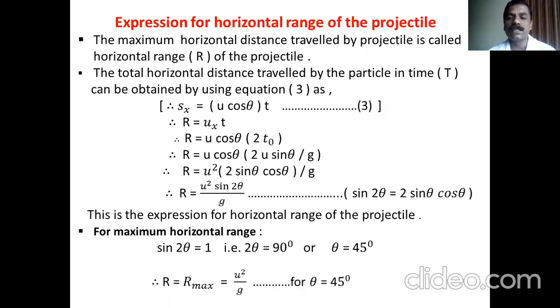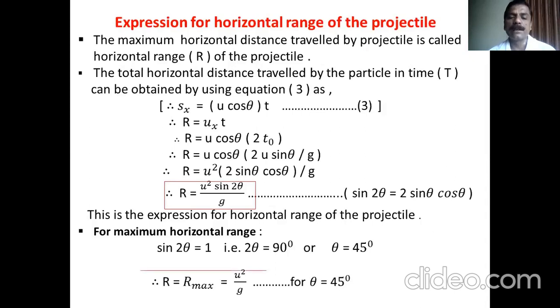And if we consider theta equal to 45, then you have the relation for the maximum range, which is equal to u square divided by g. Again, you have to remember these two very important expressions. One is for the horizontal range, capital R is equal to u square sine 2 theta divided by g.